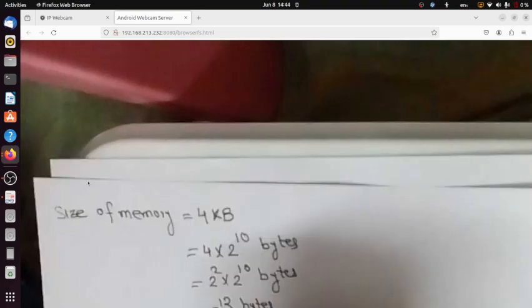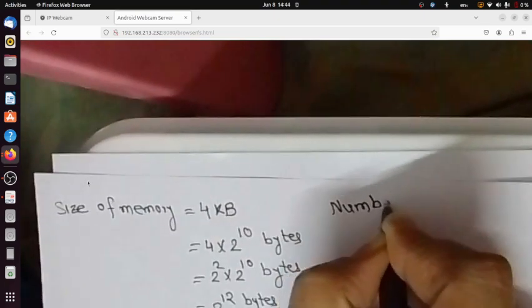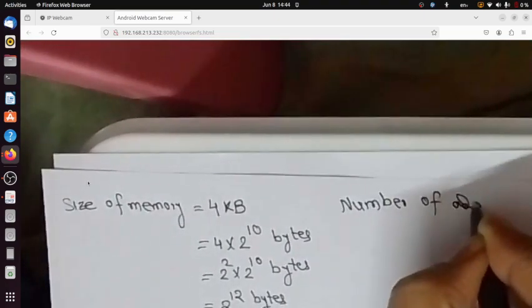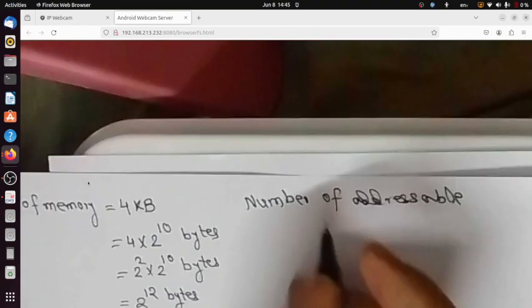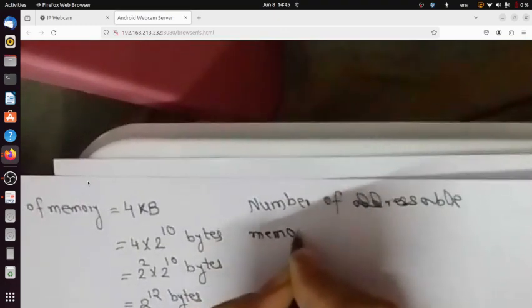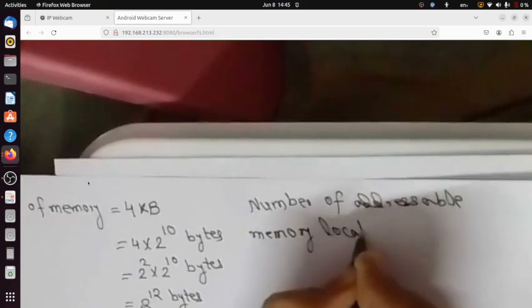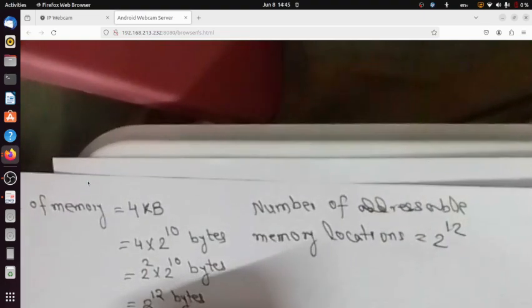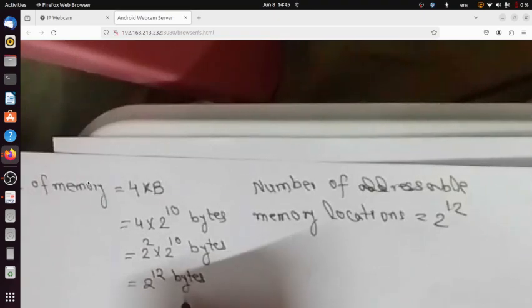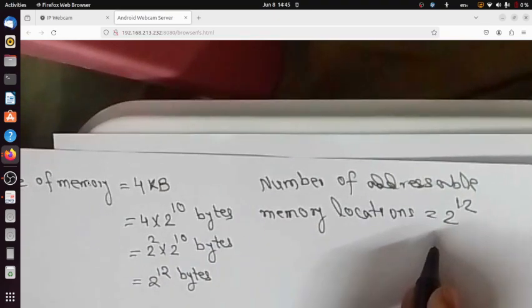The number of addressable memory locations is 2 to the power 12, because the total size of the memory is 2 to the power 12 into 1 byte, and as the memory is byte addressable, the number of memory locations will be 2 to the power 12.